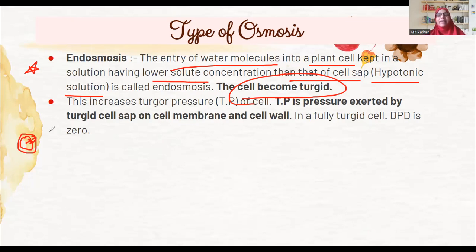It's a very layman example, but there is a pressure created. Or take a balloon and fill water inside it. There will be a point where you feel that after this you should not add water.